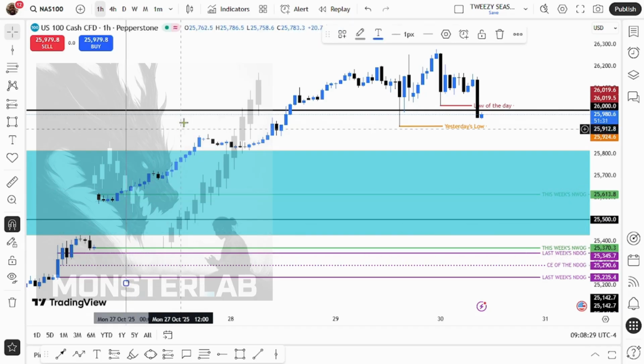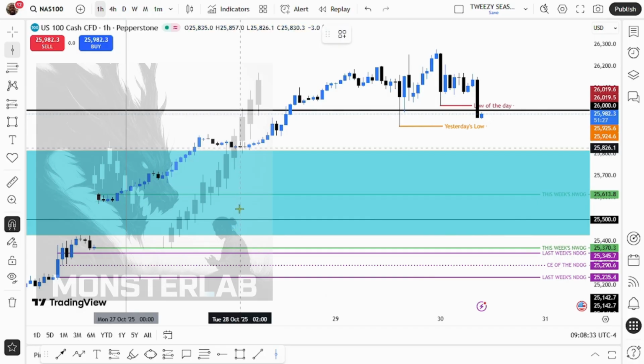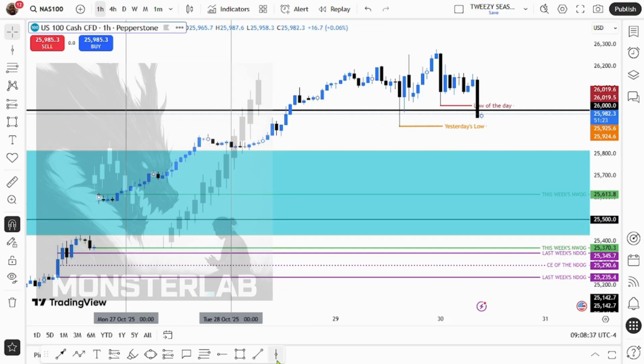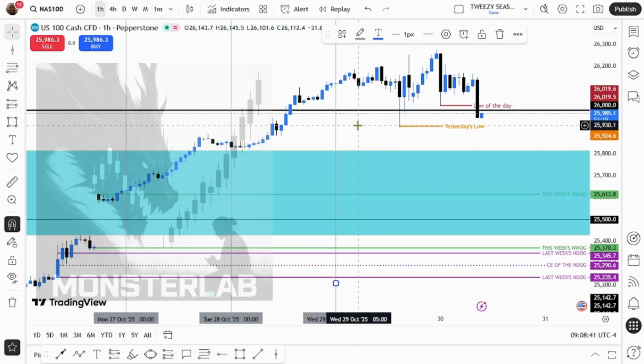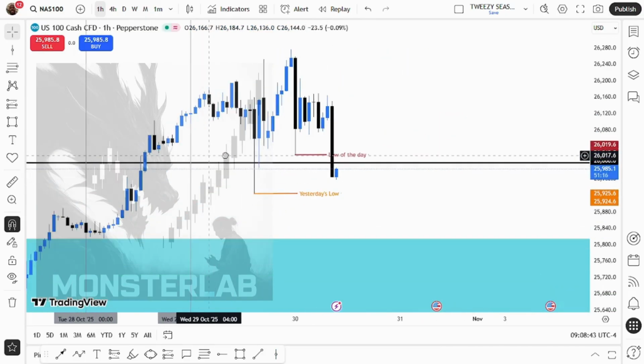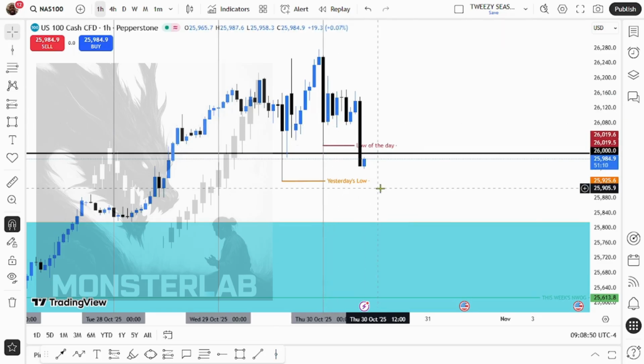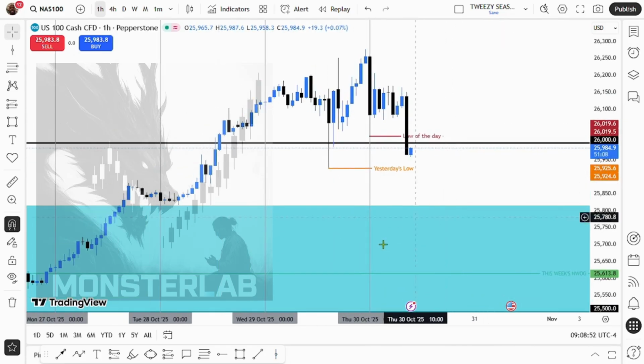This is where I split my charts into time. I make sure I have a view of yesterday, how yesterday was, how the previous days were, and I put a vertical line on the midnight price.